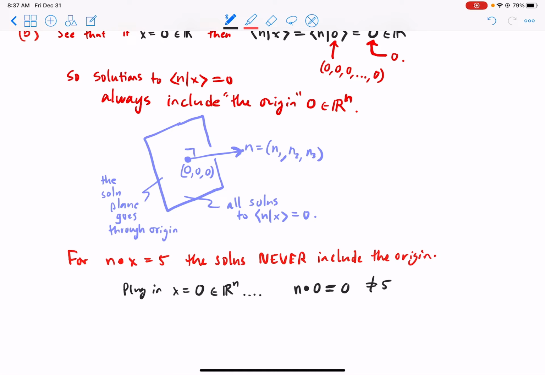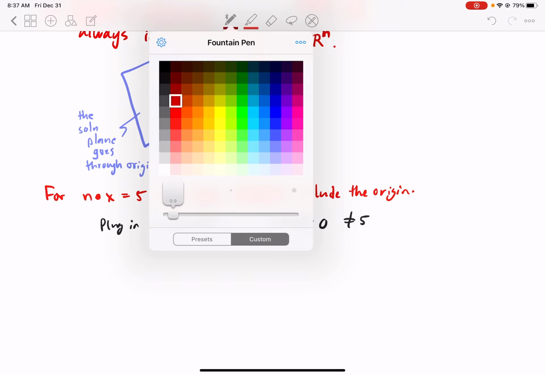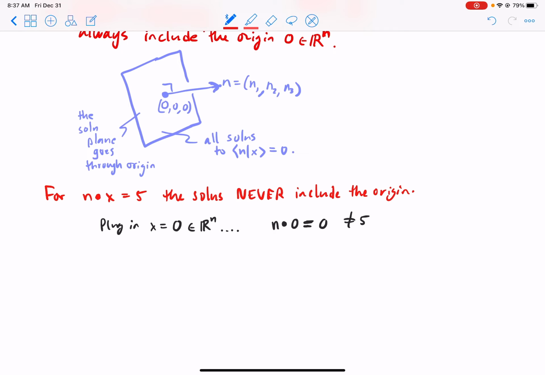Okay, so what does this mean? It means the solution plane does not pass through 0. So let's draw a picture of that.